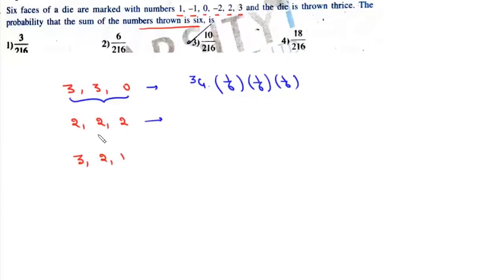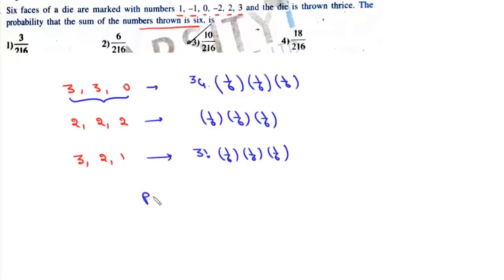Now here it will be all 2's, which is 1 by 6 into 1 by 6 into 1 by 6, and here it will be 3, 2, 1, which is possible in factorial 3 ways, and again it will be 1 by 6 into 1 by 6 into 1 by 6. So this required probability will be 3 plus 1, 4, 4 plus factorial 3, 10, 10 by 216, and that's your option 3.